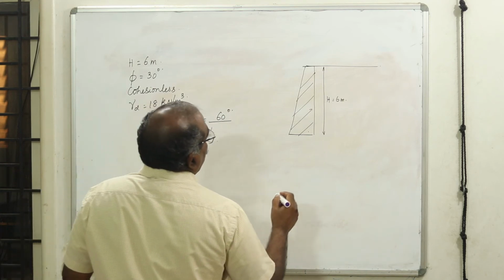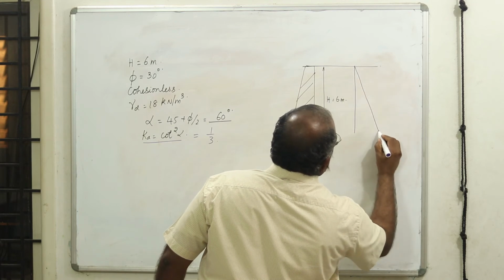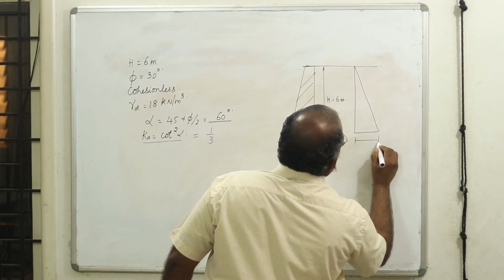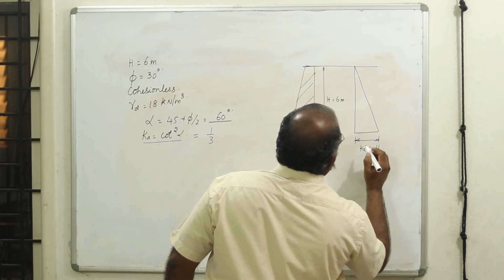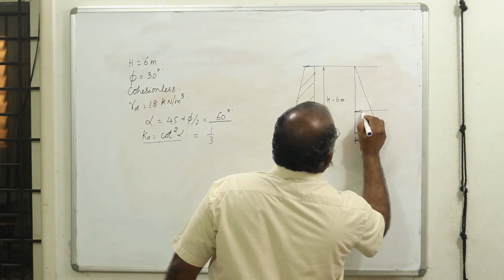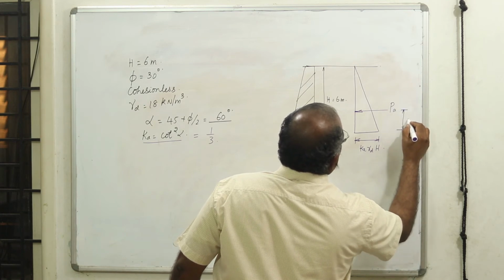Once you have this, you will draw a pressure distribution diagram, which will be a simple triangle pressure distribution diagram. This is Ka gamma D into H. Once you get this value, this is the value of Pa, the total thrust, this is capital Pa, this is Y bar.